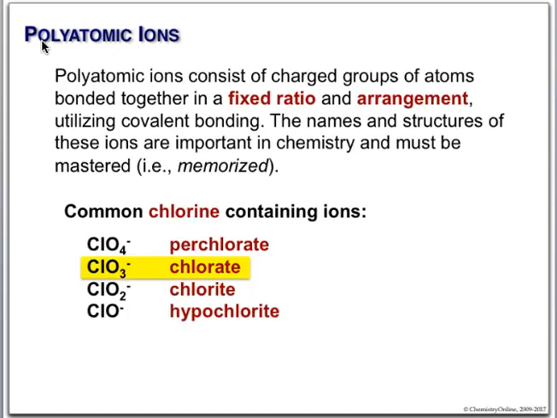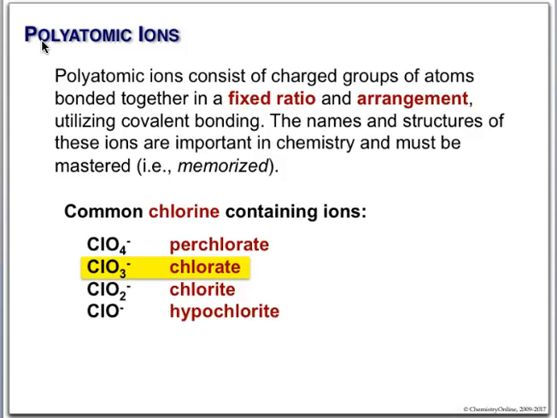It has a -1 charge. If we add one oxygen, we get perchlorate, still the same charge. If we take one away from the parent, ClO2, chlorite, ITE, again the same charge. Take two away, hypochlorite.